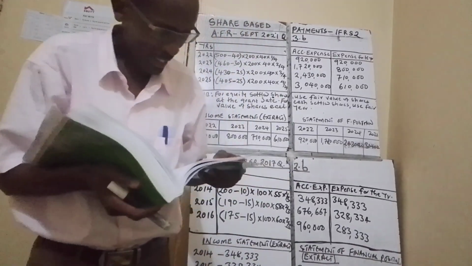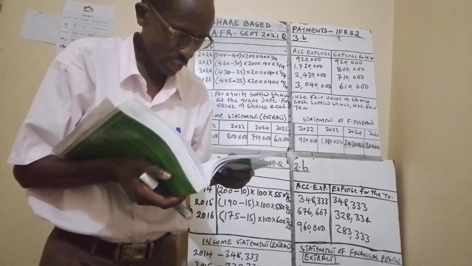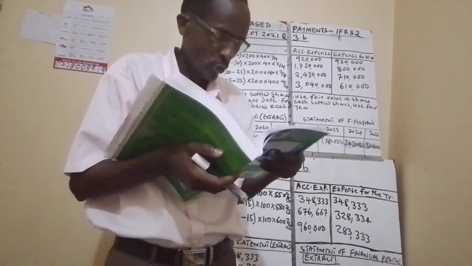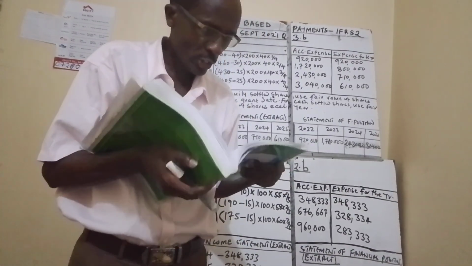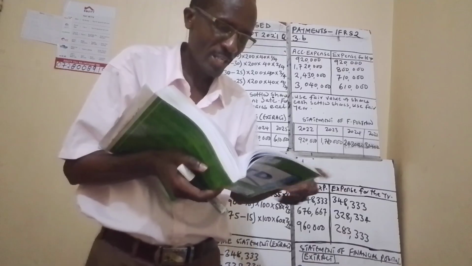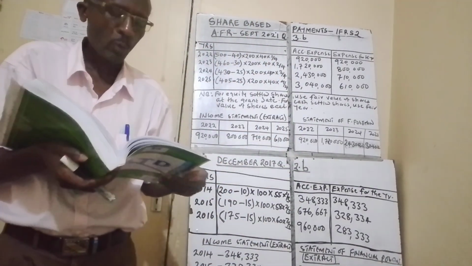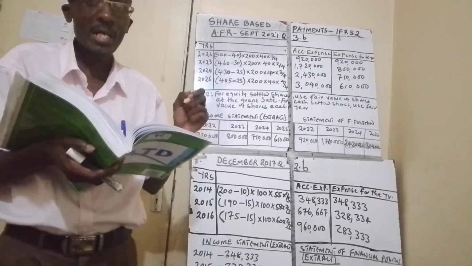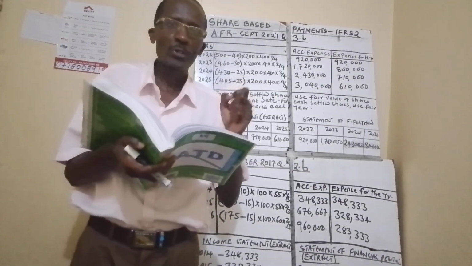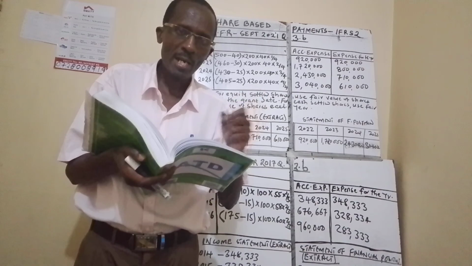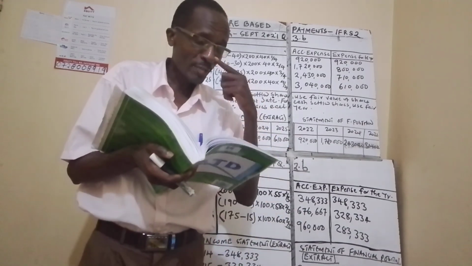The company has provided the following details regarding the share options. The fair value of the option was shillings 40 as at 1st July 2021. So 1st July 2021 was the grant date. You ask yourself, what was the price of these shares as at the grant date? That is 40.